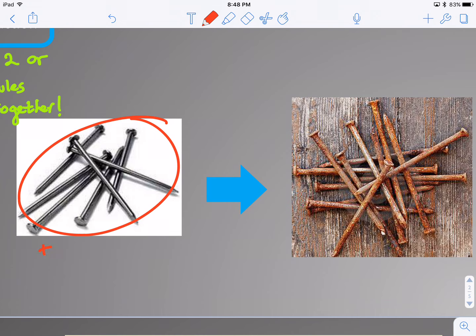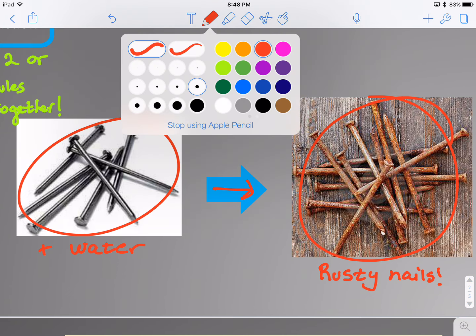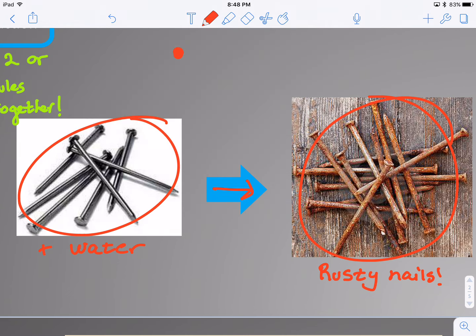And when these combine plus water, what can happen, right, is that these nails become rusty. All right, and this is an example of a slow reaction. Okay, so there are some examples of chemical reactions for us.